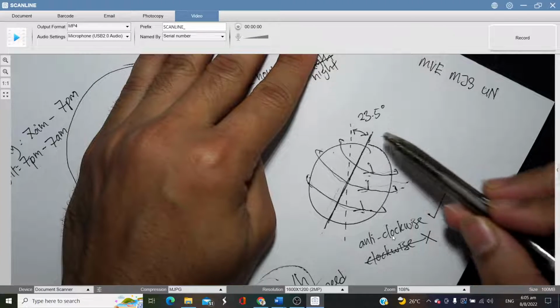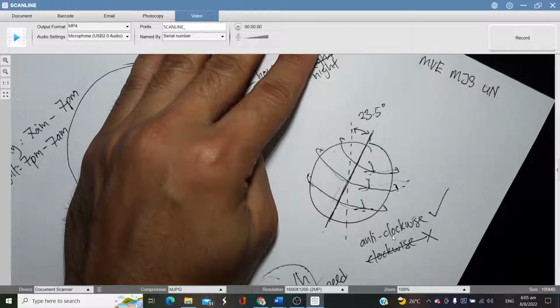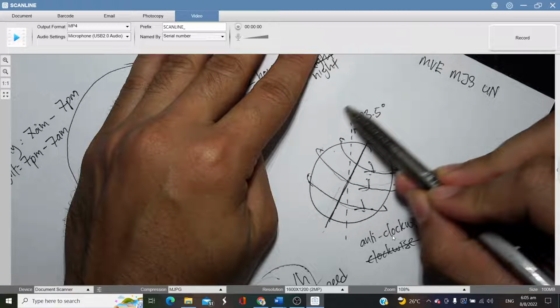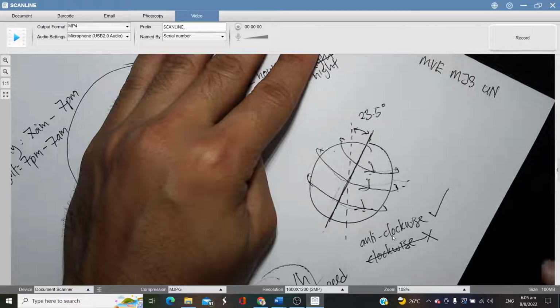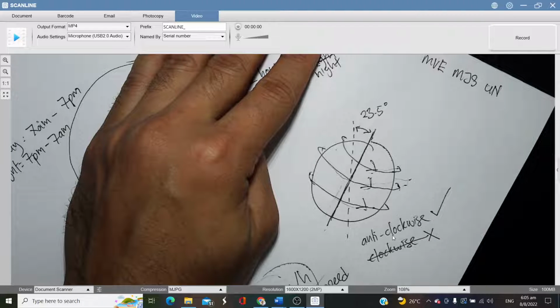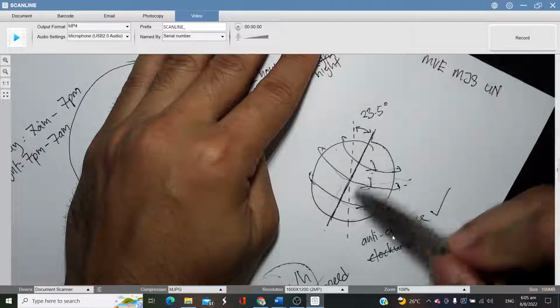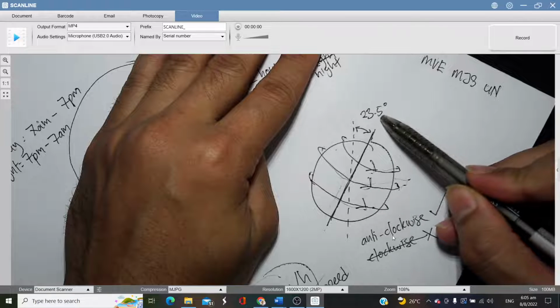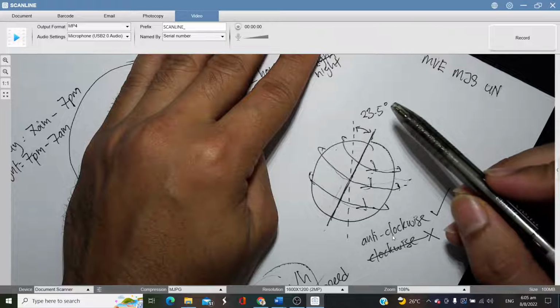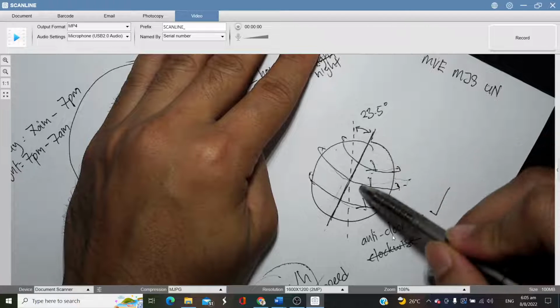The book doesn't mention the degrees, but this is the extra information, right? 23.5 degrees. So how much the axis leans, 23.5 degrees from the upright line here.